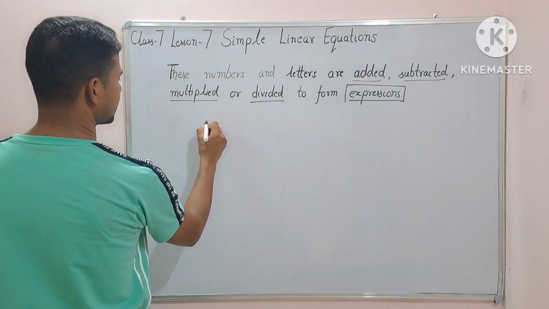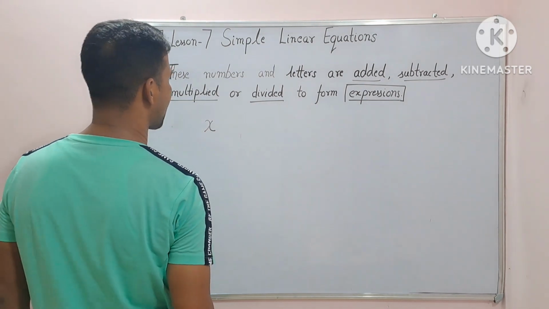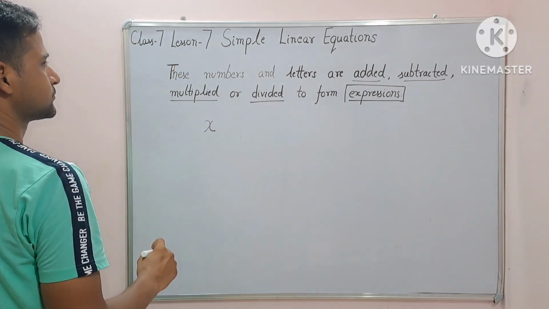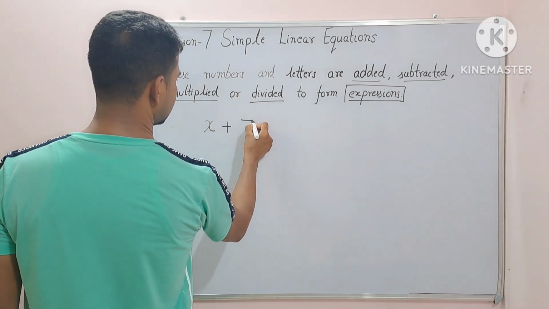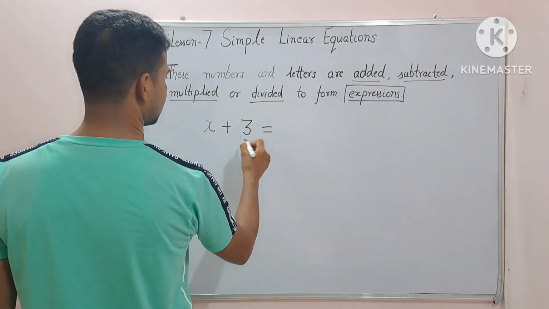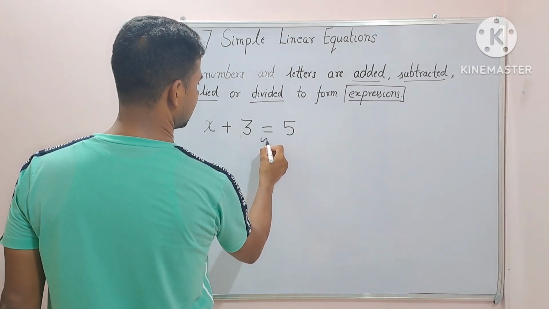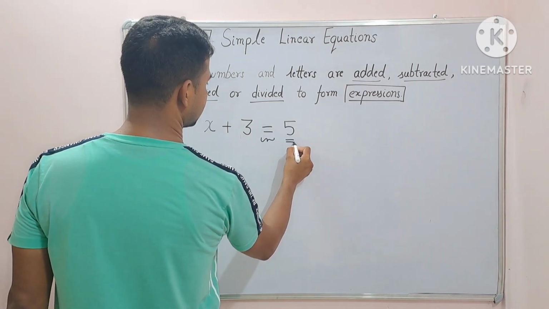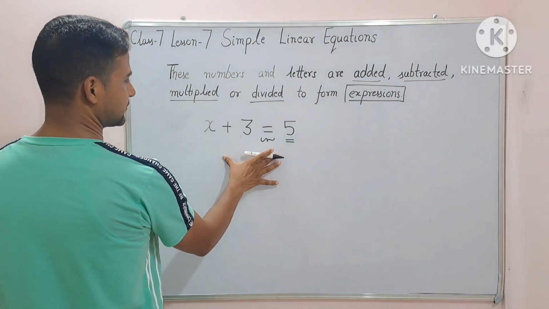Suppose this is a letter X. We add 3 to this. This is a sign of equality. This is 5. This is an equation, a simple equation.